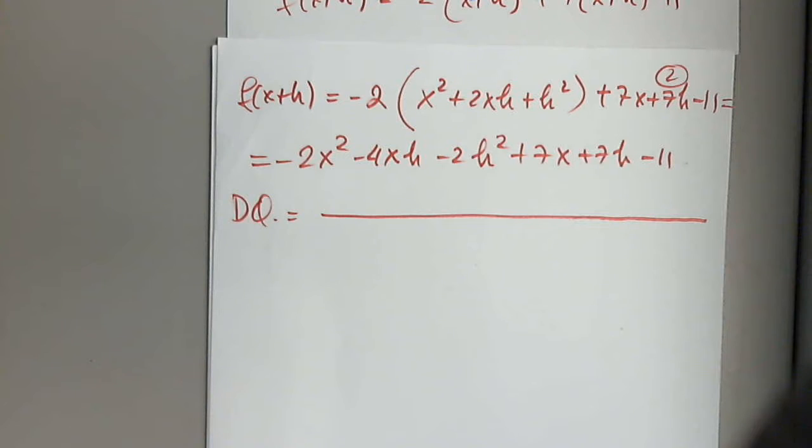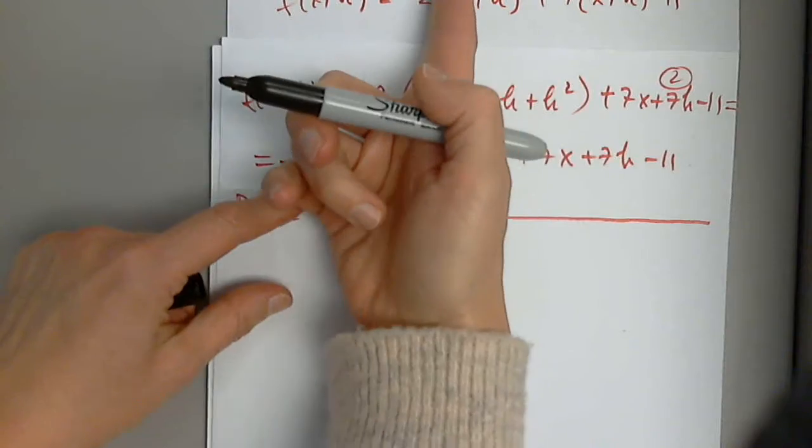Then what is the second thing that has to happen? The h goes out of the denominator. The h in the denominator must go away. There may still be an h left in the problem, but the one in the denominator must go away. Okay, very good. Thank you. So I copy f of x plus h.